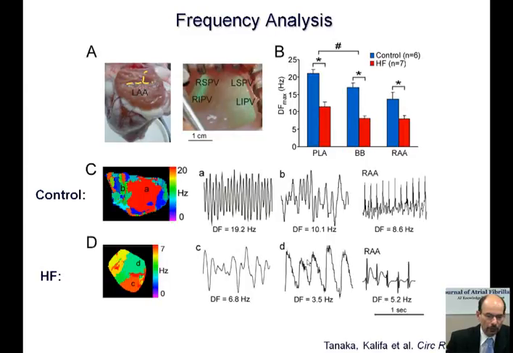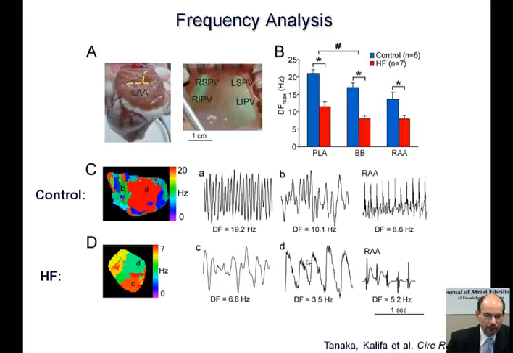When we looked at the cumulative data, we can see that the maximal dominant frequency in the various regions forms a hierarchical organization. In control, the posterior left atrium was the fastest as compared to the Bachmann's bundle and the right atrial appendage. That hierarchy remained but was blunted in heart failure, as seen by the red bars.